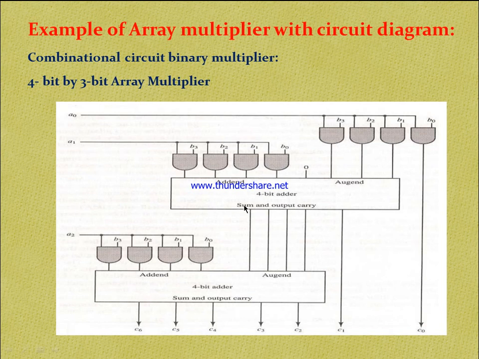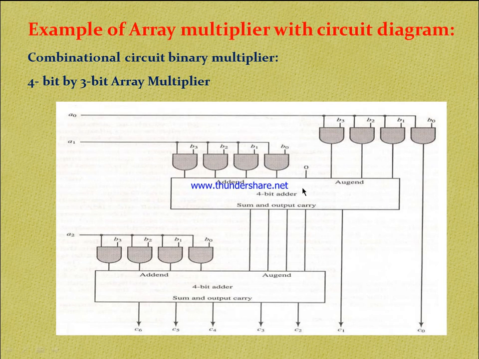So this sum is the input, and this partial product is the input to another 4-bit adder. This 4-bit number and this 4-bit number are added, and we will get C2, C3, C4 and C5, and C6 is the carry bit. If there is a carry, then it will be propagated here.